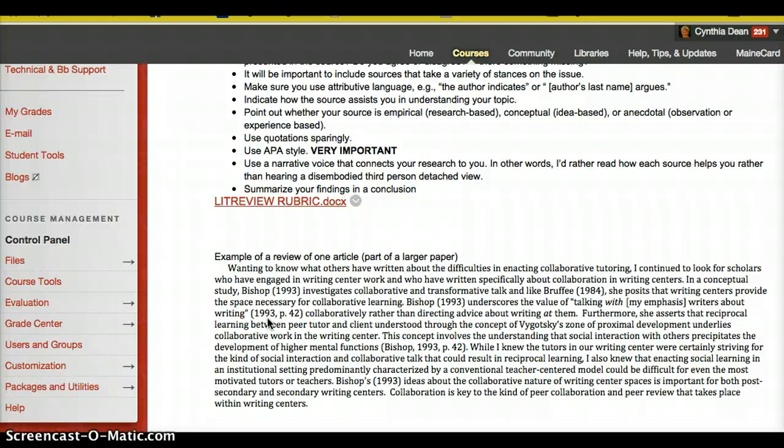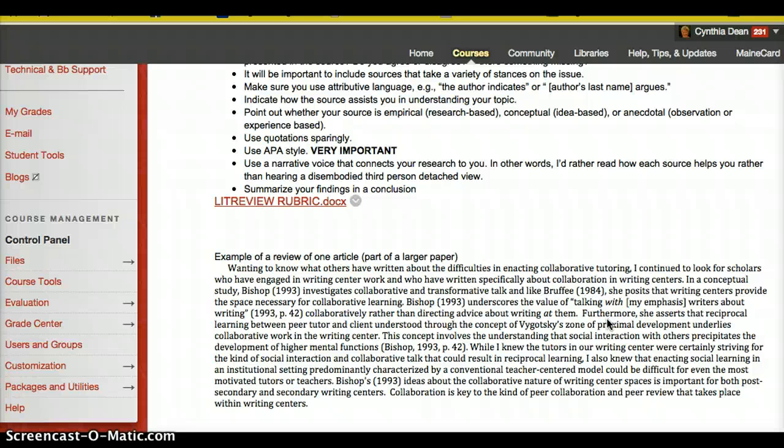Because I'm using a quote, all right? Collaboratively rather than directing advice about writing at them. And then furthermore, she asserts that reciprocal learning between peer tutor and client understood through the concept of, okay, I'm not going to read the whole thing, but you're going to get the point anyway.